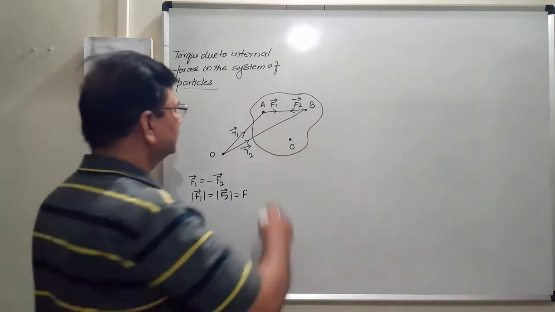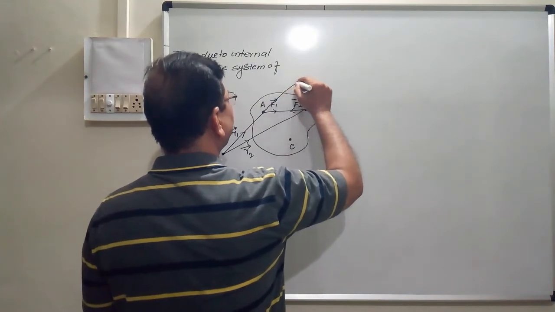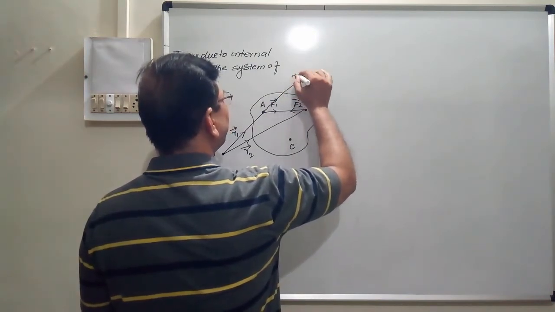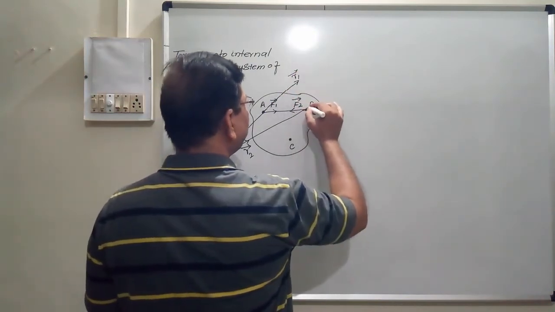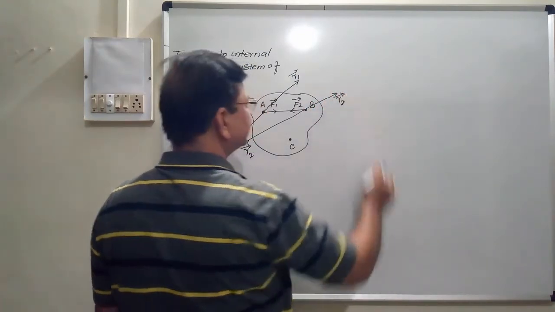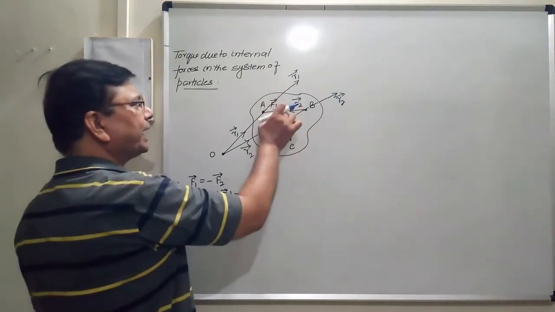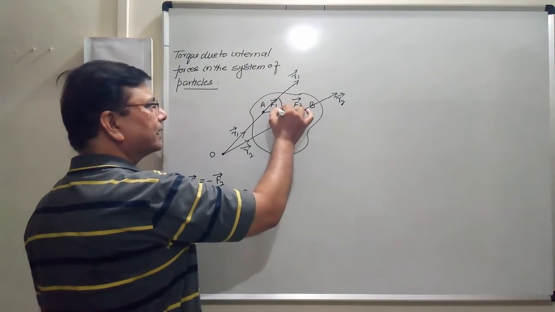See, if we extend this, this is the direction of R1. If we extend this, this is the direction of R2. What is the angle between R1 and F1? This is the angle.